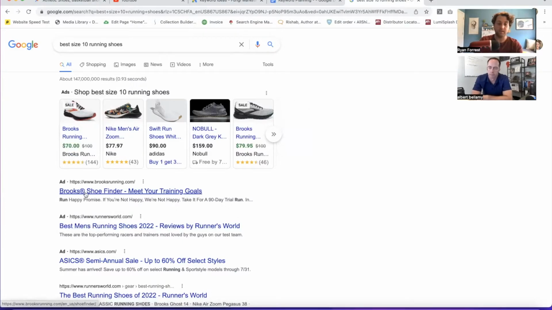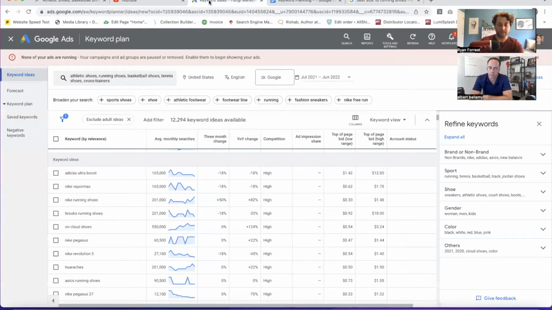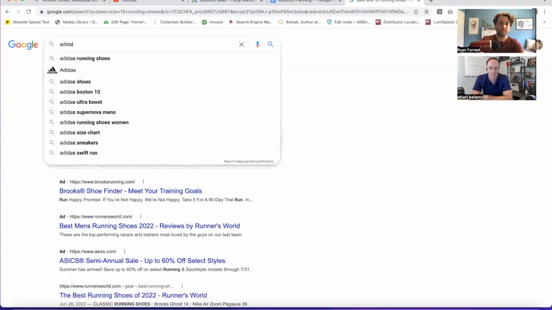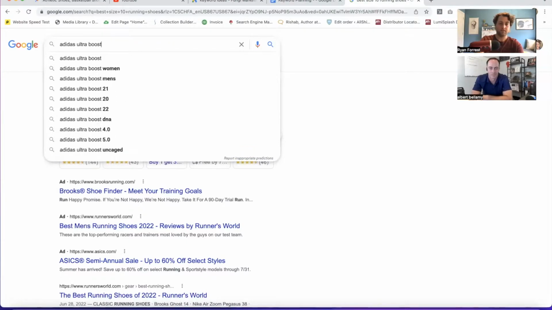And you can see down here, this is where those ads are. Let's just do another test and make somebody pay for this. Let's do Adidas Ultra Boost. See how it's got the predictive, women's, men's, 21, 22, DNA uncaged.